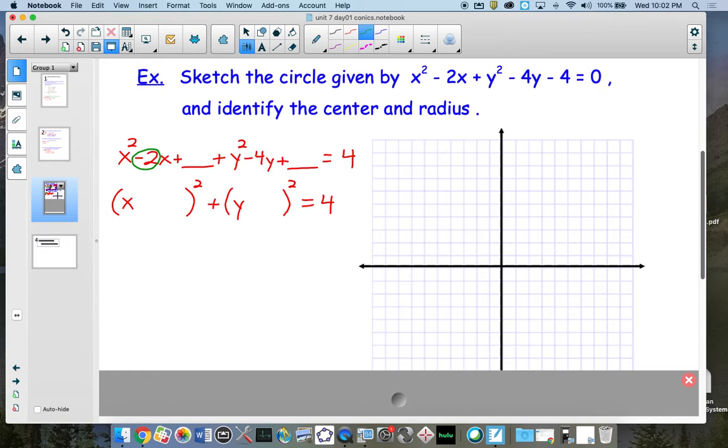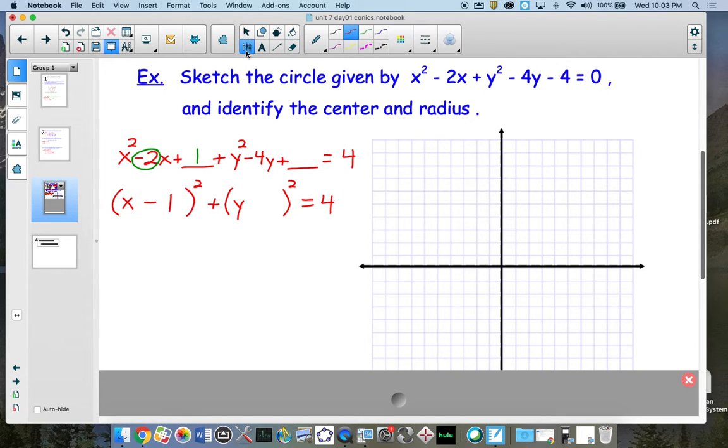We divide that by 2 and square it. So negative 2 divided by 2 is negative 1, squared is positive 1. Now, x squared minus 2x plus 1 factors to x minus 1 times x minus 1, which I can write as x minus 1 quantity squared. So I've completed the square for the x terms.